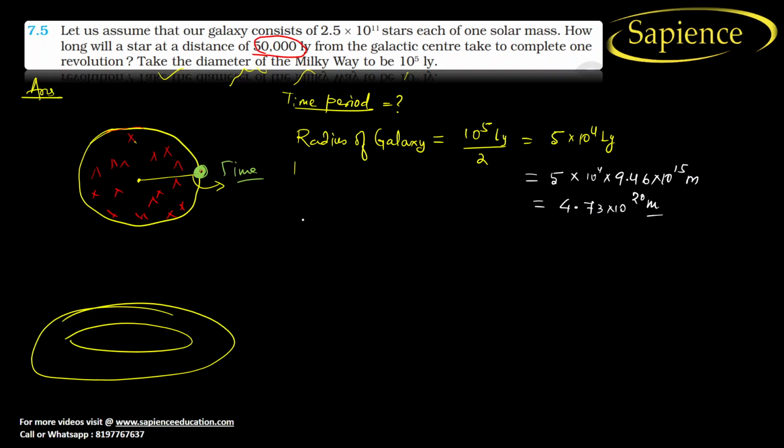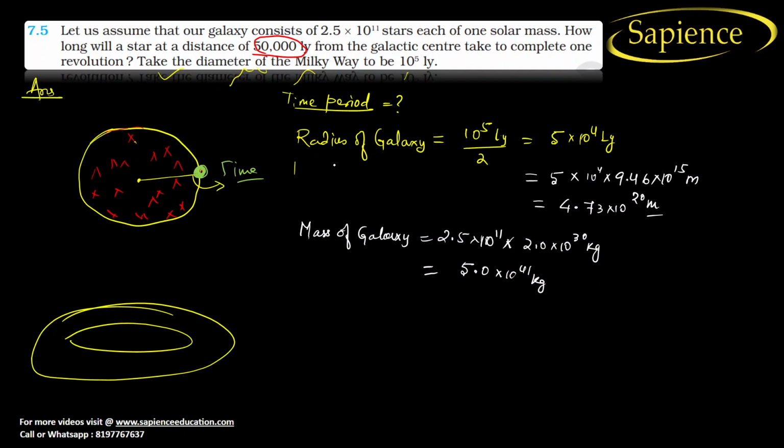So the mass of the galaxy is equal to the number of stars, 2.5 × 10^11, times the mass of each star, which is one solar mass, the mass of the sun. We know the sun's mass is 2.0 × 10^30 kg. So finally we get the mass as 5.0 × 10^41 kg.